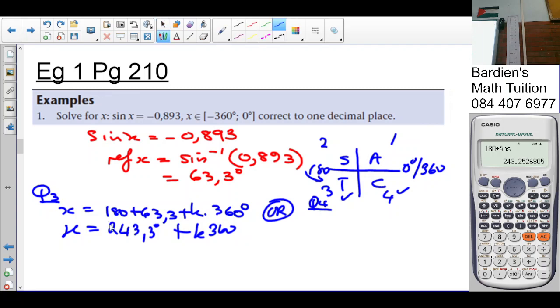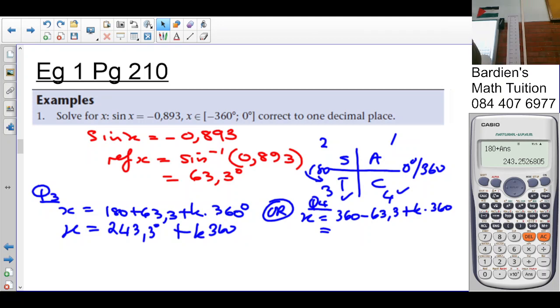Okay, so this will simply be x is equal to 360 minus 63,3 plus k times 360.